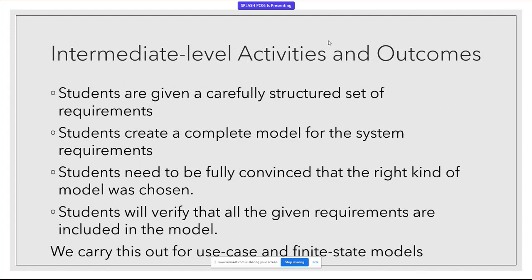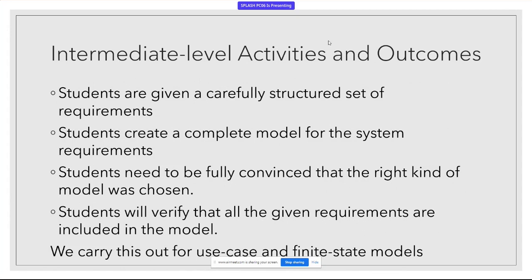Then, after the base level activities, we go on to teach the modeling using case studies. So this is the intermediate level where we essentially have at least two case studies in class. One is using use case model, the other one is using finite state machine modeling.